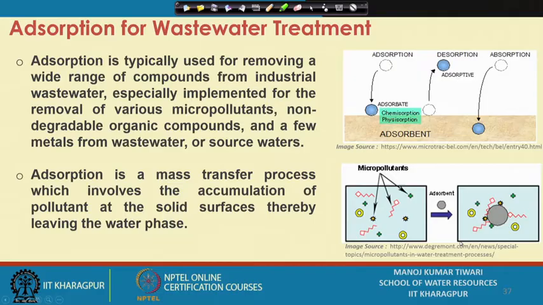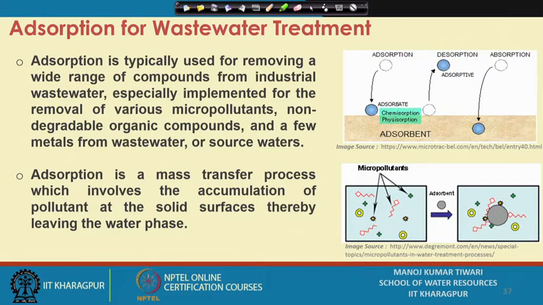To begin with, adsorption in wastewater treatment is typically used for removing a wide range of compounds from industrial wastewater, especially various micropollutants, non-degradable organic compounds, which we also call refractory organic compounds, and a few metals from wastewater or source water.